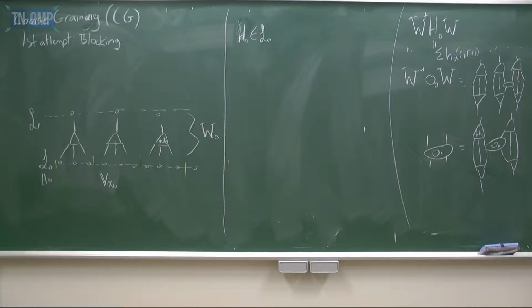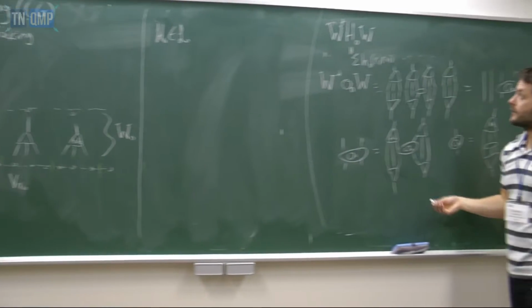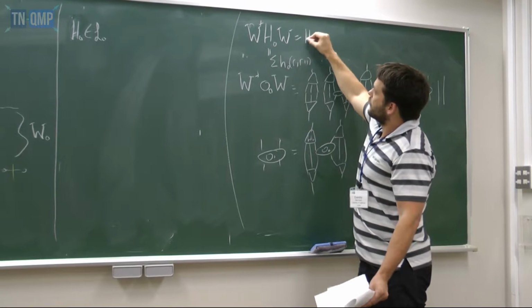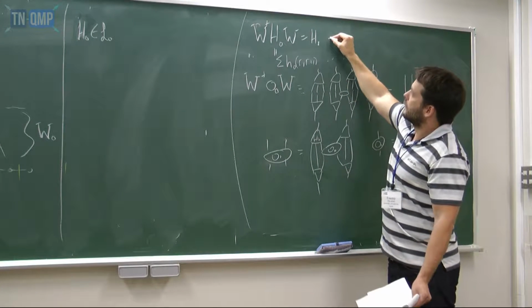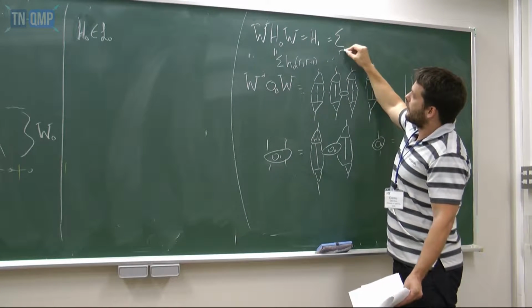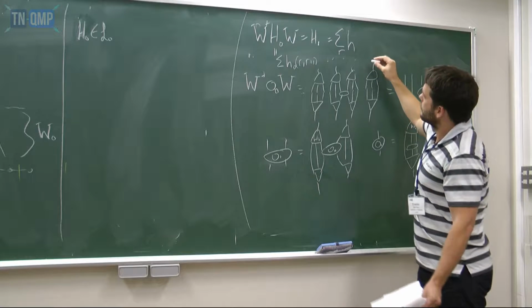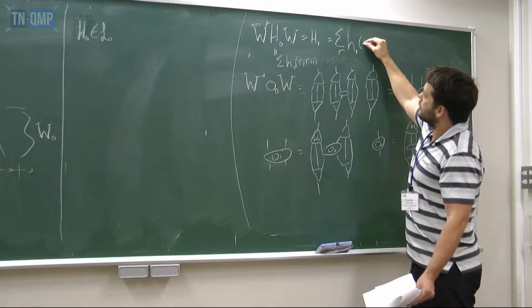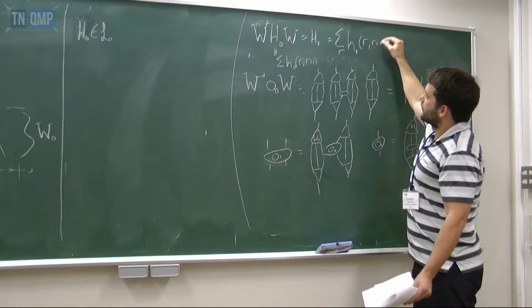Well, of course, the Hamiltonian maps as it's just a sum of local operators, so it becomes a new sum of coarser operators. So this equals some new Hamiltonian H1. We know H1 is the sum over some new couplings that are at most 2-site again.